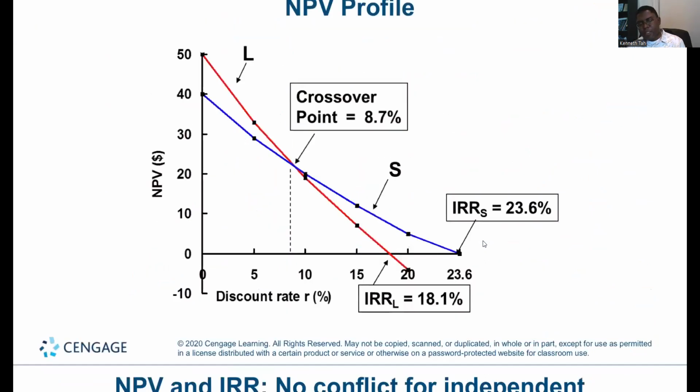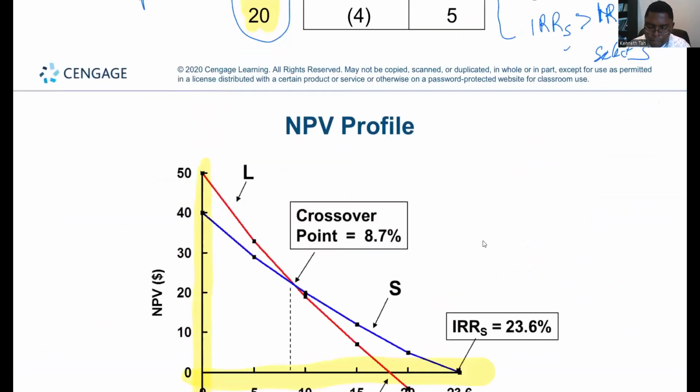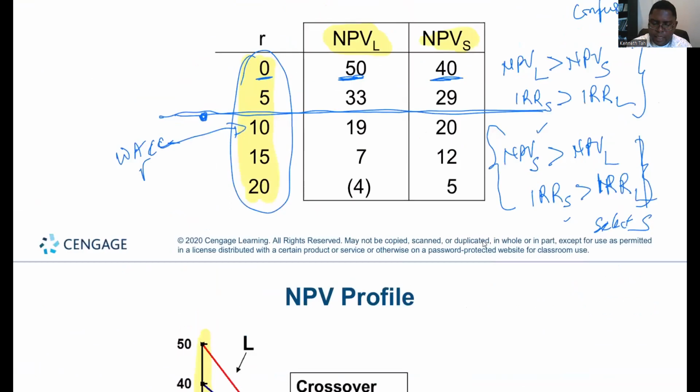Okay, so we can demonstrate this further. I have different NPVs that we can plot on the y-axis, and these are different discount rates that we can plot on the x-axis. If we plot based on this figure, we come out with a certain cross point here, and this cross point is 8.7%.